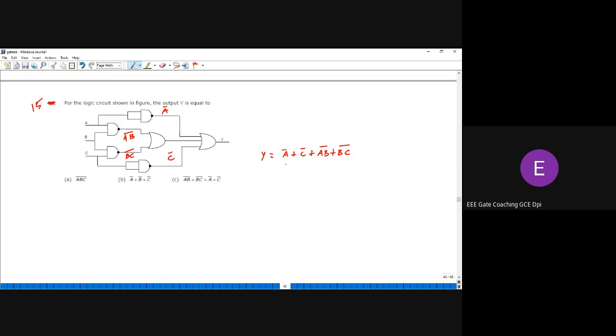Let's see, can we minimize this one? A bar plus C bar plus A bar plus B bar plus B bar plus C bar, right?